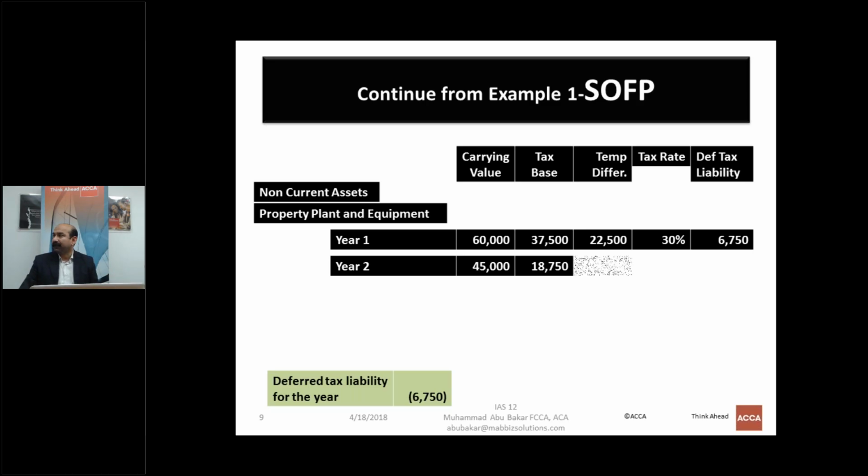Okay, so this is the difference, and this will give us the deferred tax liability 7,875.